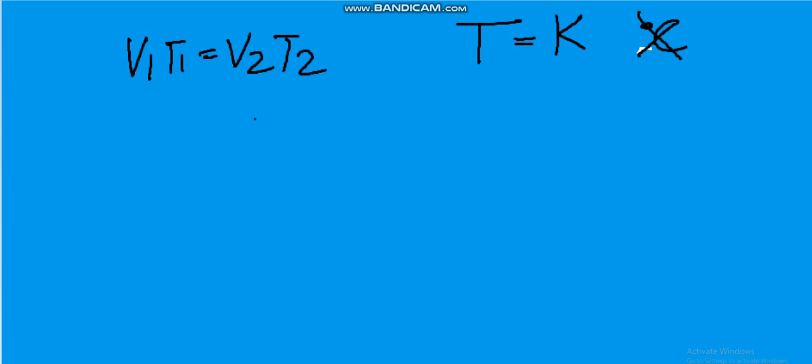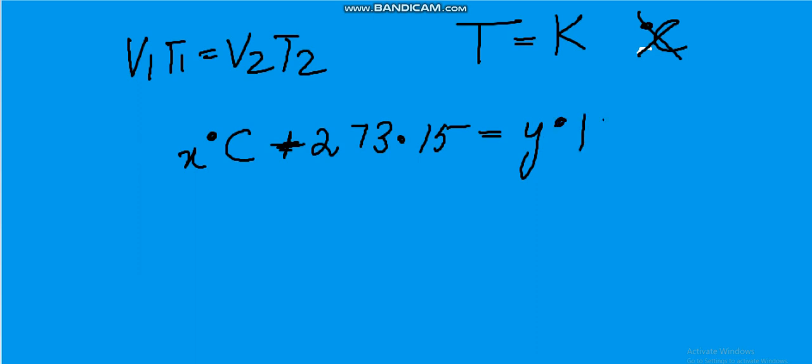Now, to do the conversion, it has to be basically x degrees Celsius plus 273.15 is equal to y Kelvin. Let's say you have it in Celsius. Let's say it is 20 degrees Celsius.